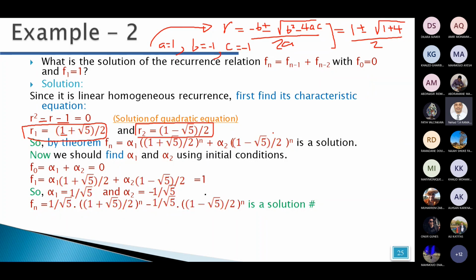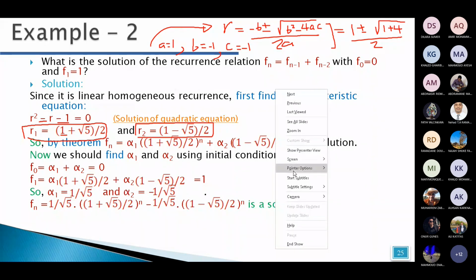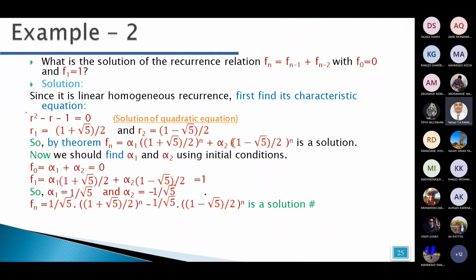Okay, so after we find the solutions: the first step is to find the characteristic equation. Second step is to find the solutions of the characteristic equation. Third step, we can use the theorem to write the solution Fn.